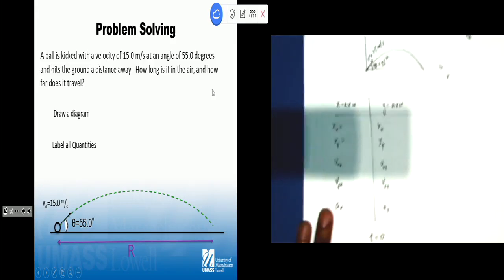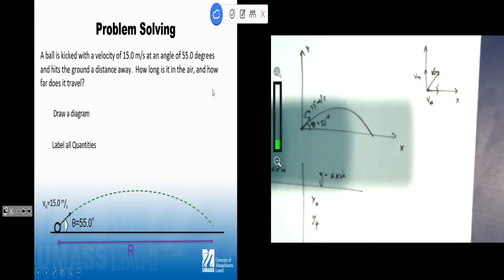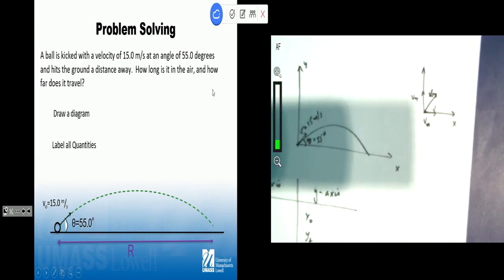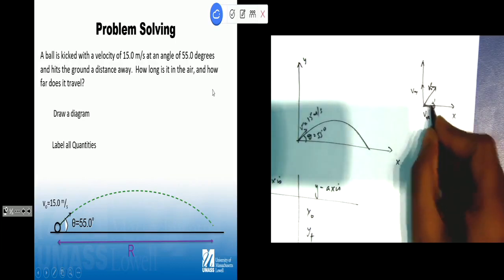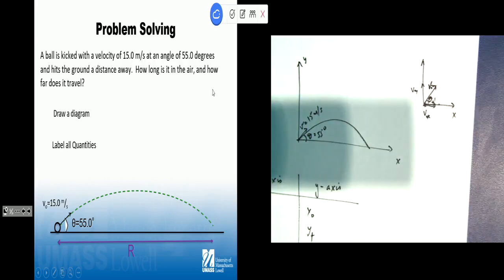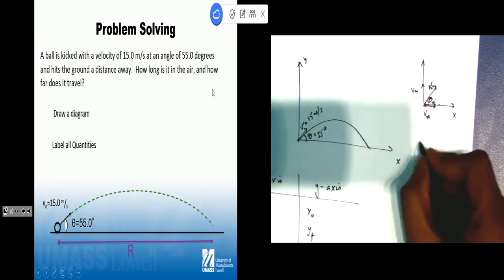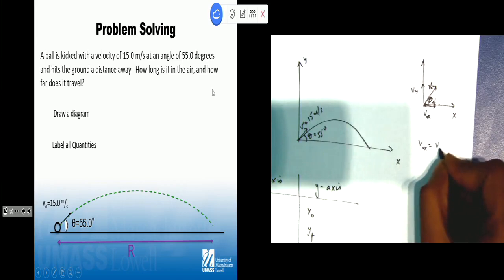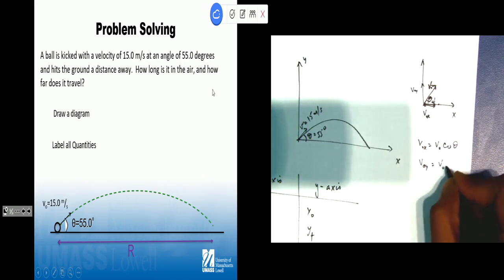Remember how you take components? Okay, so this guy is the x component. This angle is theta. So it's adjacent, so it's cosine. Right? This guy is opposite, so it's sine. Right? So this tells us that the initial x velocity is v0 cosine theta, and the initial y velocity is v0 sine theta.